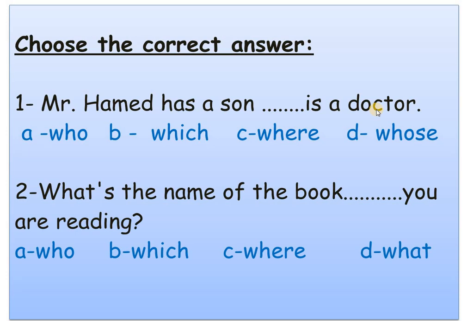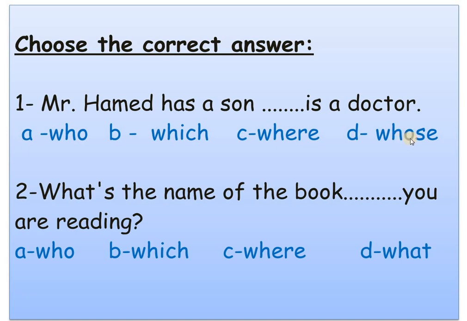How to answer these questions? Try to look before the space. There is a word, a son. Here we talk about Mr. Hamid's son, not Mr. Hamid, but his son. So son is a person, and after the space there is a verb. So let's choose from this list. Is it who, which, where, or whose?